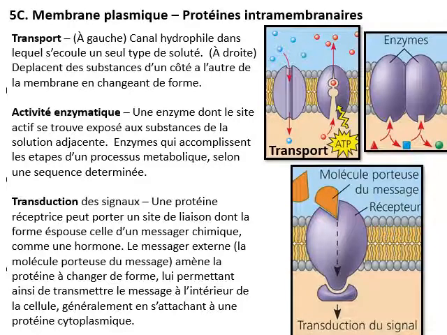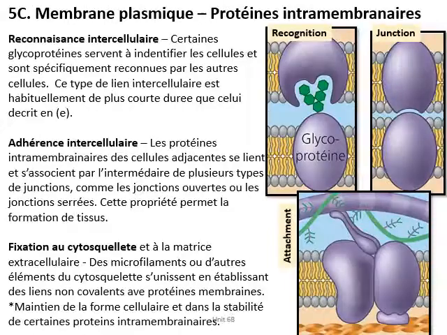Please pause the video and have 3 volunteers explain each of these 3 types of proteins. 3 more volunteers explain these proteins, and now you should become more familiar with the parts you are seeing, like the plasma membrane and the cytoskeleton.